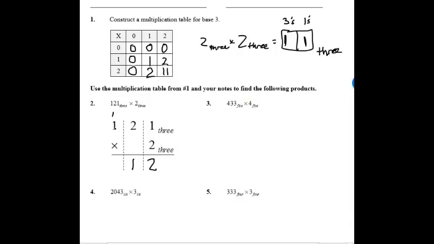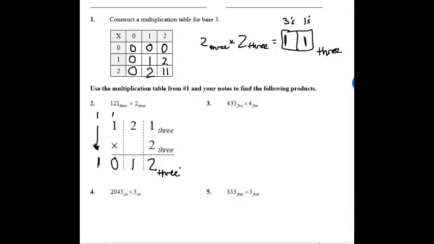And we do 1 times 2 is 2, plus a 1. We want to say 3, but there is no 3. It would be a 0 in the 1's place, and you would carry a 1 into the 3's place, giving our final answer as 1012 base 3.